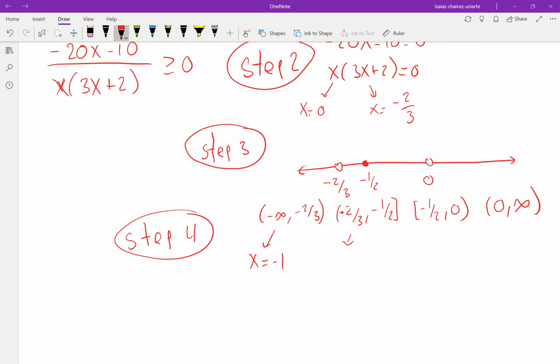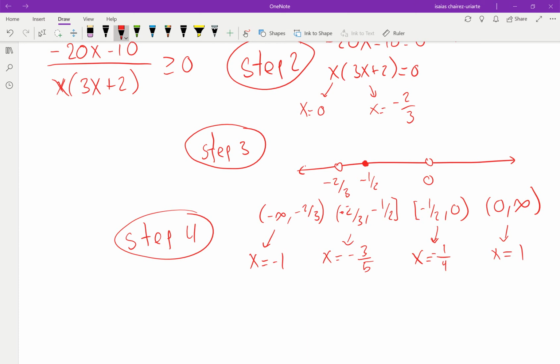Negative 0.6 is right between there, and it turns out to be negative 3/5. So I'm going to choose negative 3/5. Something between negative 1/2 and 0? Well, what about negative 1/4? And over here, something that's bigger than 0. Well, I don't know, x equals 1.